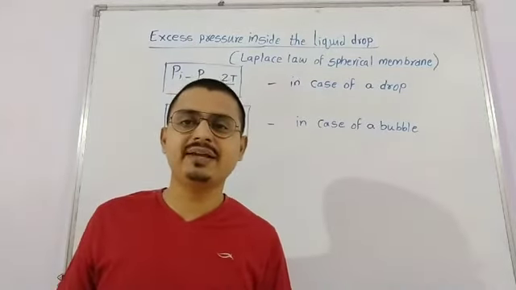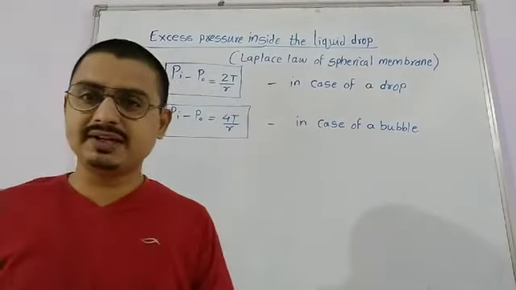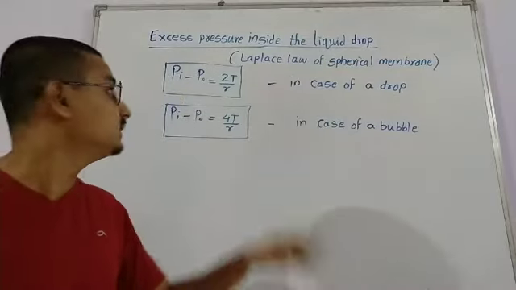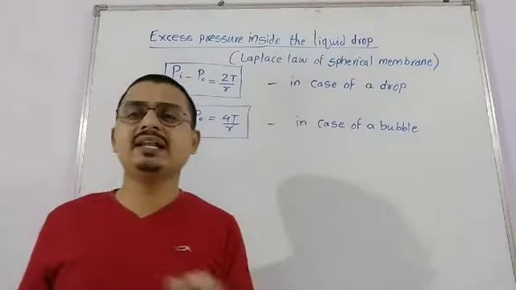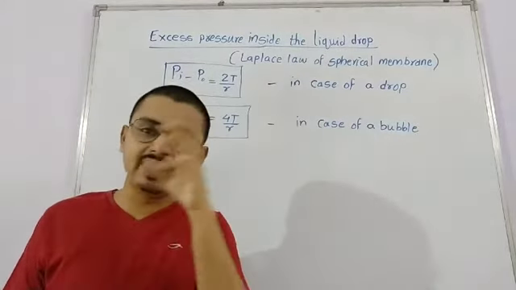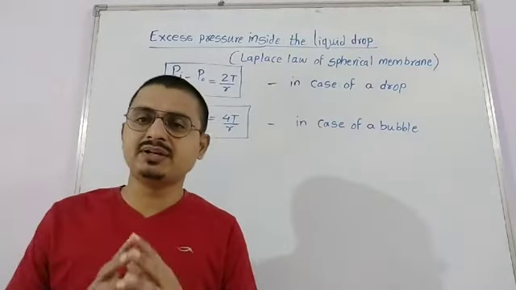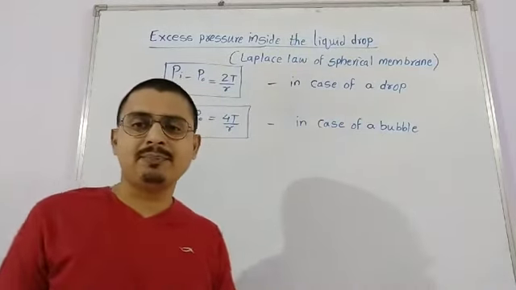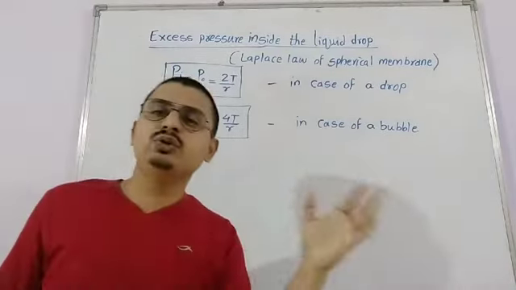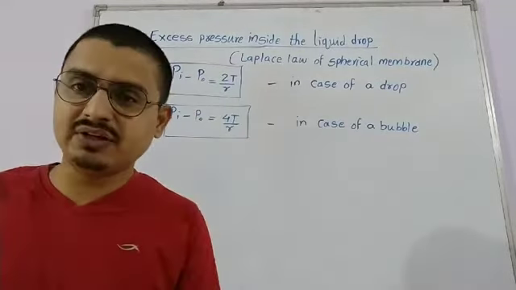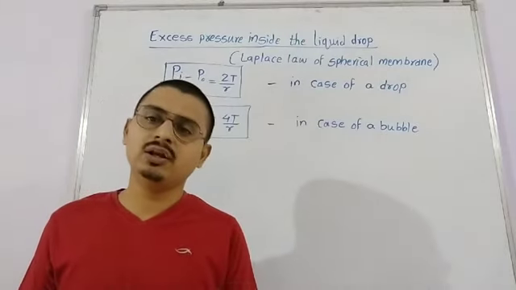So this relation can be given by the use of the Laplace law of membrane, which states that for a droplet Pi minus P0 equal to 2T upon R, where Pi stands for the pressure inside the drop, P0 stands for the external pressure, that is pressure outside the soap bubble, and Pi minus P0 means excess of pressure, and 2T upon R is where T is the surface tension of the liquid and R is the radius of a droplet or bubble.